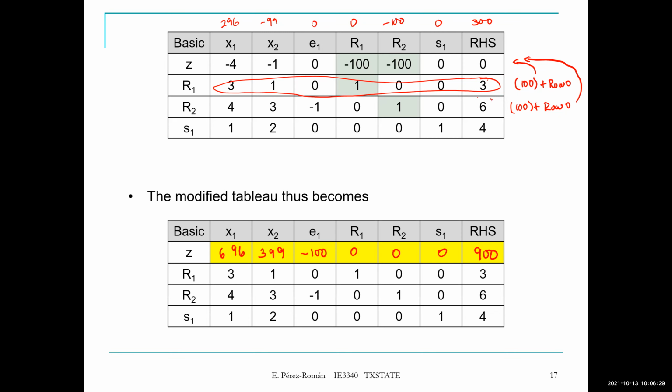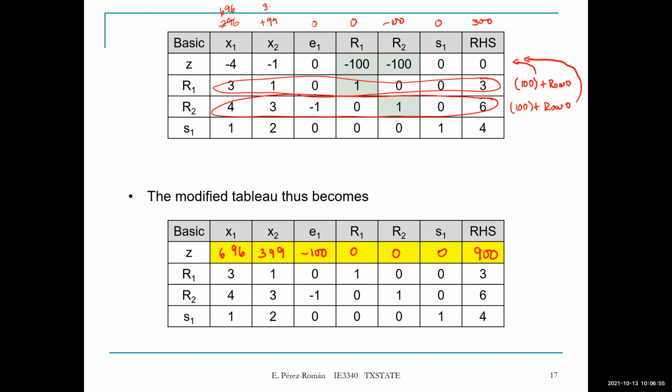The second operation is doing the same thing with this row. So this is going to be 100 times 4. This is 400 plus 296. So this is going to be 696. 100 times 3 is 300 plus 99. This should be positive 99.